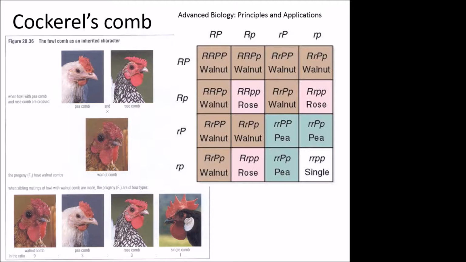If you have at least 1 big R and at least 1 big P, together they give you the trait of walnut. If you have at least 1 big R and 2 small p's, you get rose. If you have 2 small r's and at least 1 big P, you get pea. And if you want to be single, then you're homozygous recessive. It's very cute, alright?